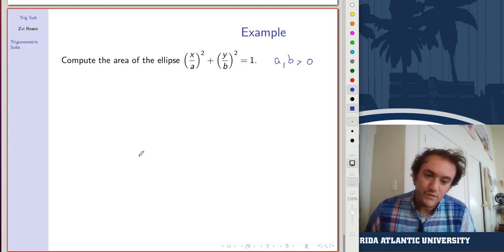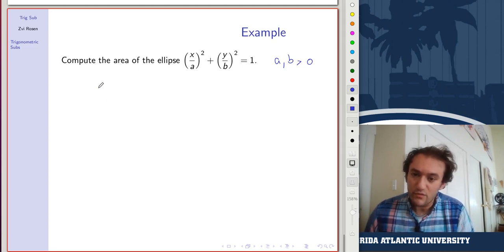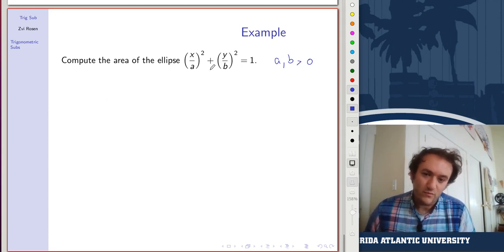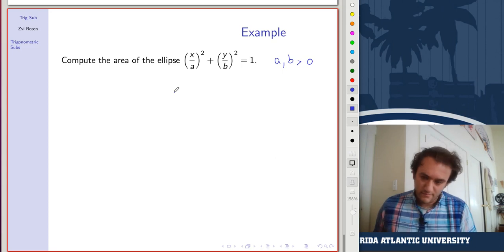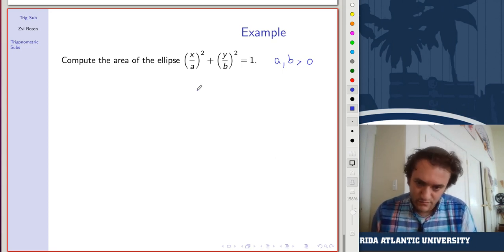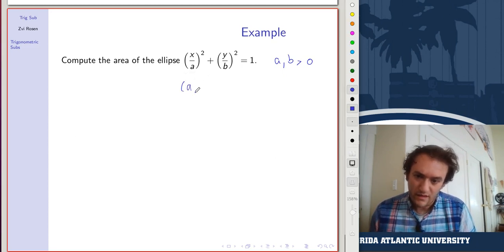Okay, so let's think what we're actually computing an integral of. So what does an ellipse look like? Well, this ellipse is centered at (0, 0), and it has values (a, 0), (-a, 0), (0, -b), and (0, b).